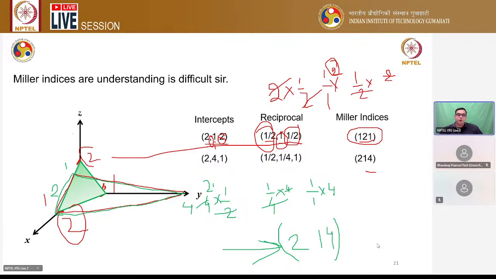Sometimes your plane is parallel to certain axes. Consider a case of intercepts 1, infinity, infinity.